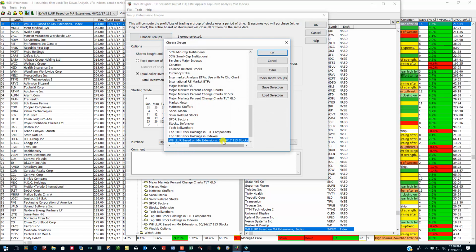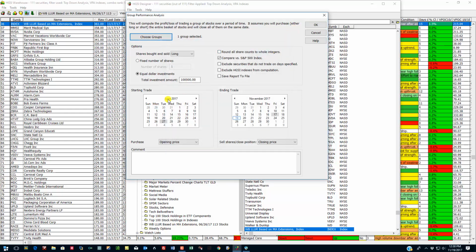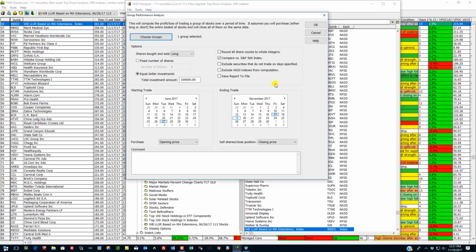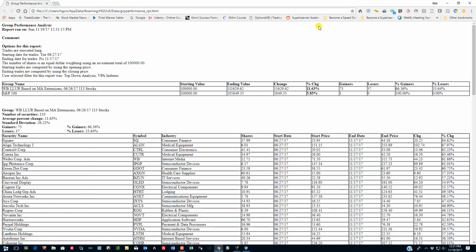The group is already chosen automatically, and you can see that I put the 27th in here for my opening date, and the close on the 17th, which was last Friday.